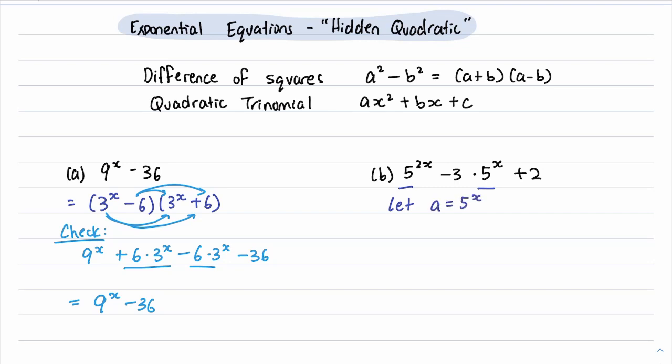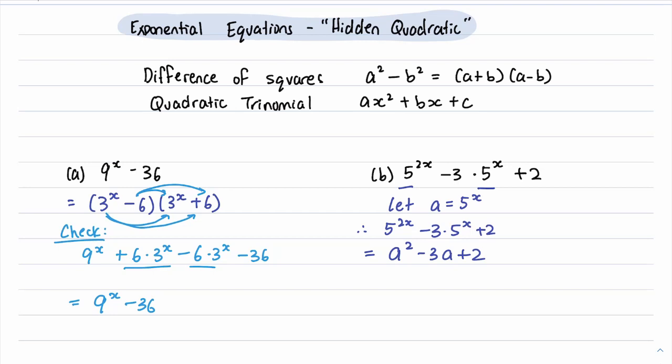So that means that my expression here, 5 to the power of 2x minus 3 times 5 to the power of x plus 2, becomes a squared minus 3a plus 2. And now we can see we have a quadratic trinomial that is factorable.